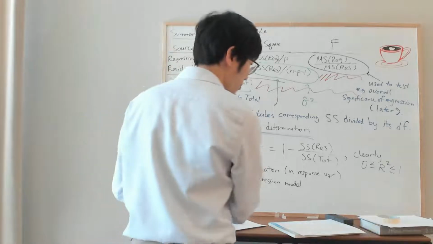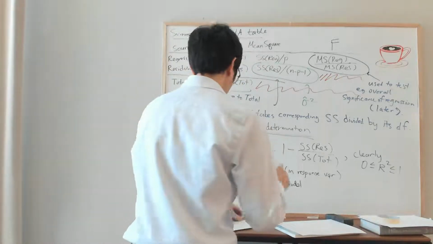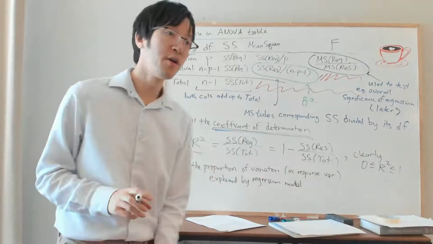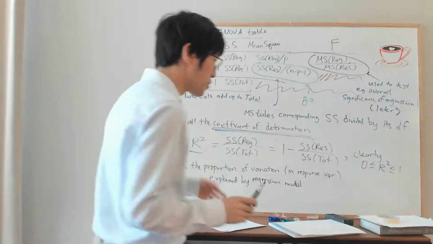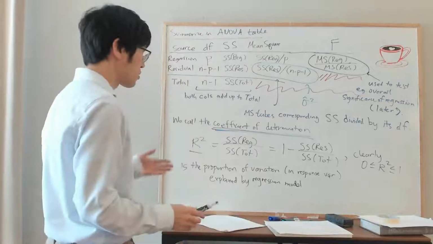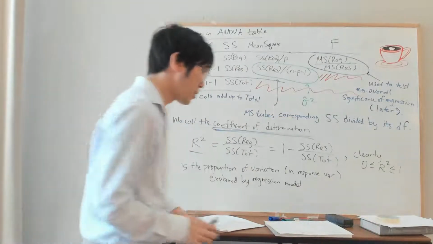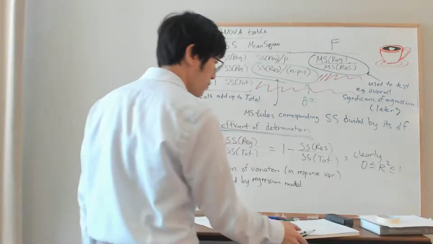In other words, the larger R squared is, the closer R squared is to 1, the better the fitted regression line models the responses that we have in our sample.